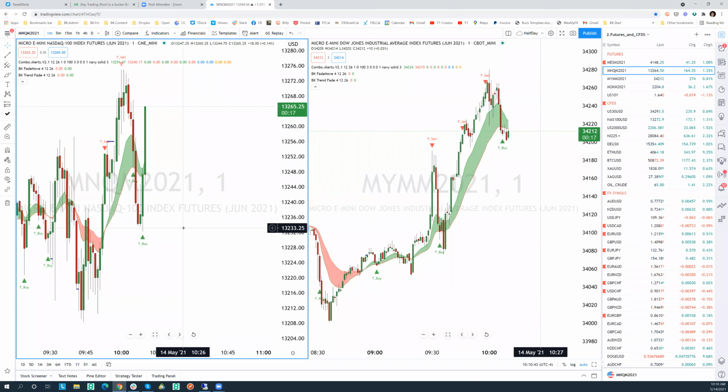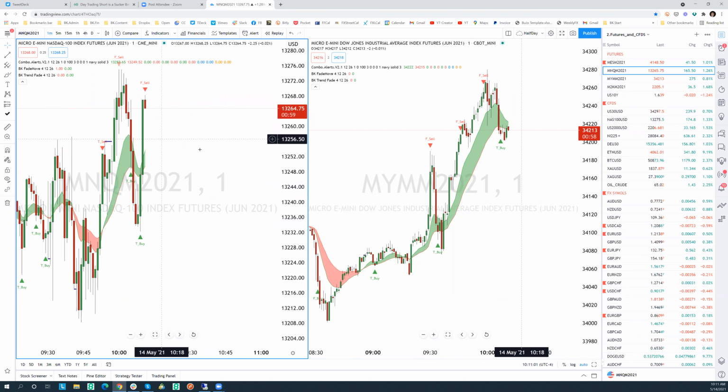So yeah, what's the lesson of the day? Boris should stop trying to pick tops and bottoms. Instead of me trying to pick tops and bottoms, what I should be doing is using all these indicators as an informational tool.